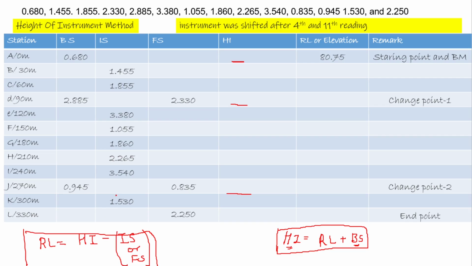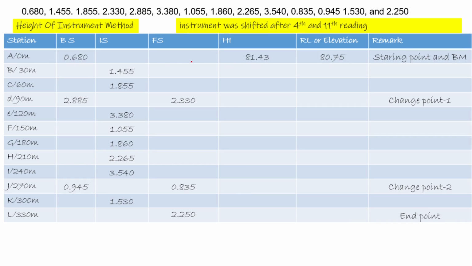So I am going to calculate the first HI here. It is the RL of this station, and this is your backside reading. So HI will be equal to the summation of this backside and RL. So it is your HI. Now we have to calculate the RL. The formula for RL is HI minus intermediate sight or foresight.